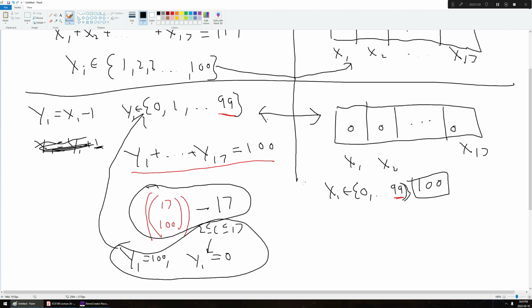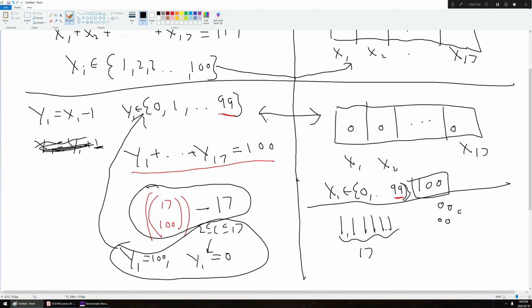Now in this world where I think about it from placing the balls, this is now a stars and bars method where I've forced the balls to be in the middle, so I can rephrase this question once more to say, how many ways can I take these lines, my 17 lines, I'll put some dots in there so we can justify it being 17, and how many ways can I take 100 dots, right, so pretend there's 100 of these.